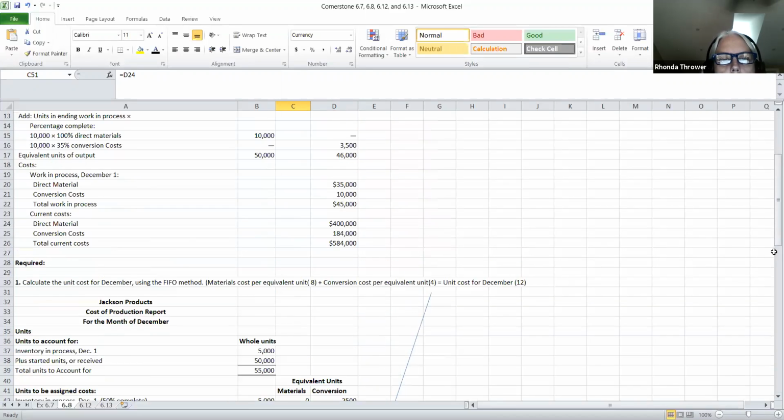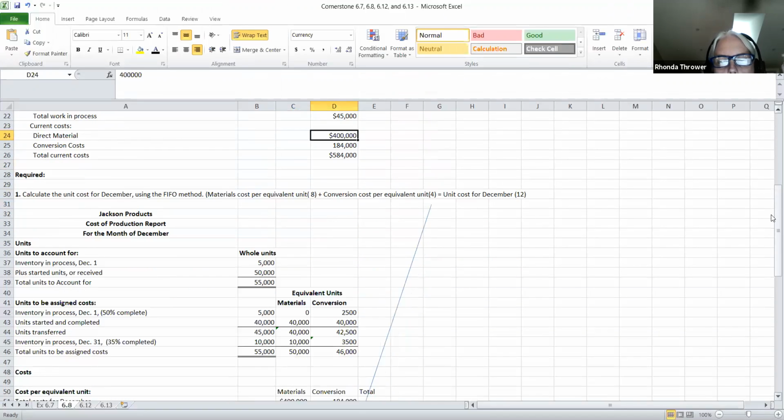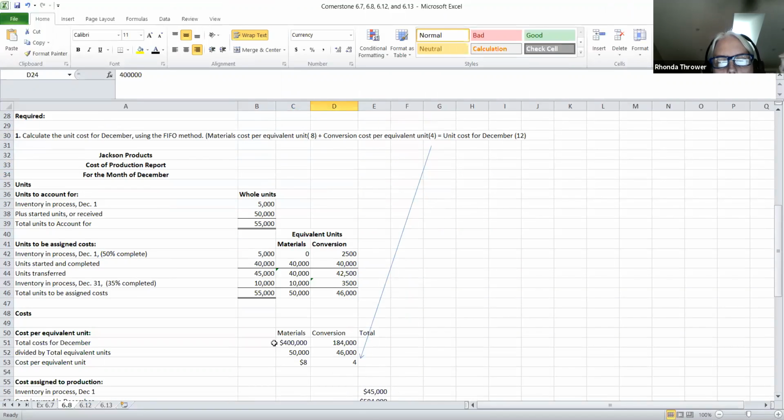The 400,000 in current cost comes from materials, which is right here. The current cost for this period only for materials is 400,000. So that 400,000 is what we plug in here. The 50,000 is our total equivalent units for materials that we found right here. So this 50,000 goes here.